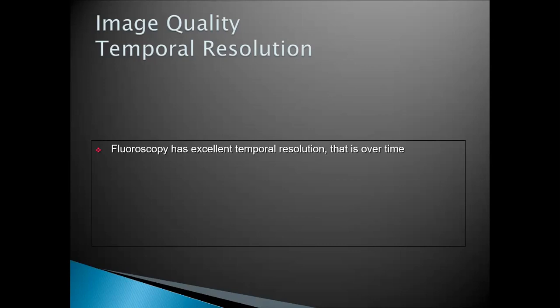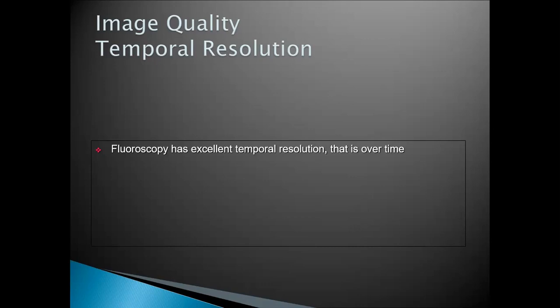If that machine can give us the position, let me use a contrast now, the position of that contrast at every point in time, representing the contrast as it moves on, and if the representation is such that the position of that contrast at any point in time is the actual position in the body, then it has a good temporal resolution.